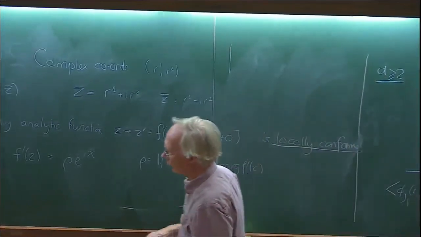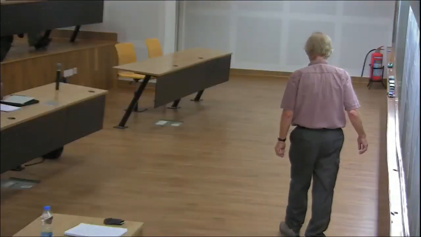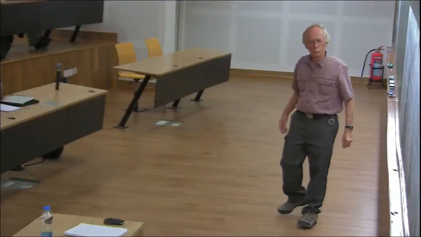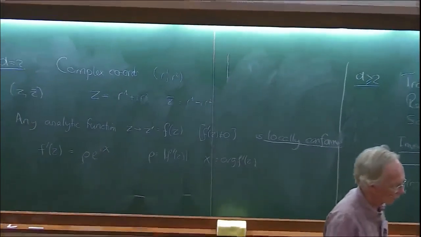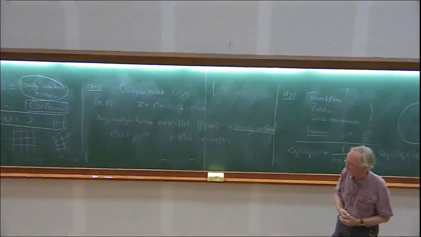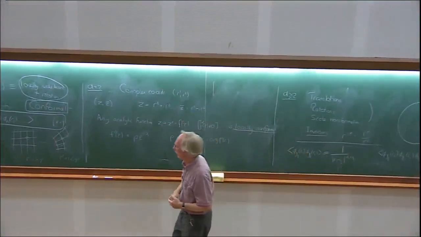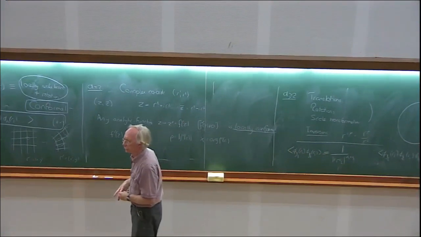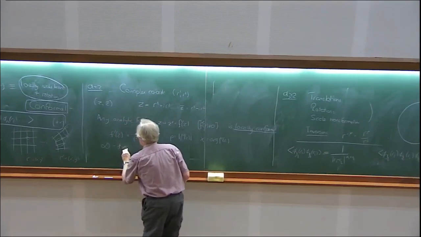So that means that rather than just having a few more operations that we can do, because we could think about expanding this locally analytic function in a Taylor series, the local conformal transformation will be parameterized by the coefficients of that expansion. So it's an infinite dimensional symmetry.